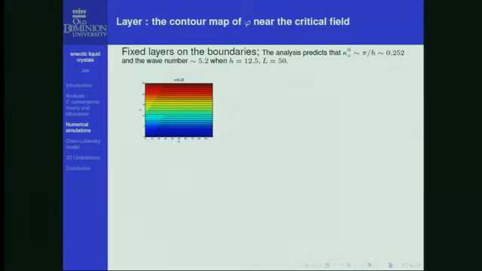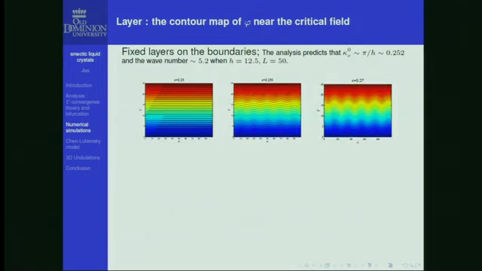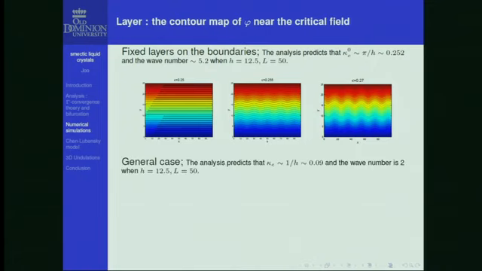We don't have any undulations yet because our analysis predicts that the critical field is 0.252, and then we see some undulations right above that. So this is the undulation phenomenon, and this simulation agrees with the result from our analysis. In the general case, we found the critical field was, instead of pi, 1.